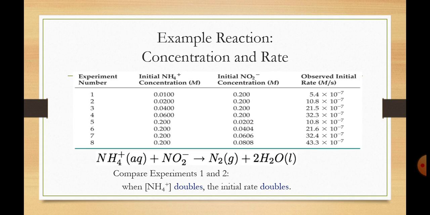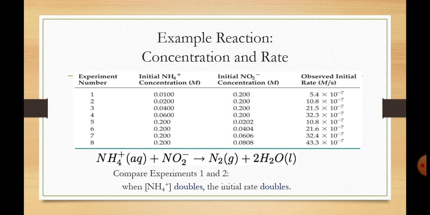So let me explain an example related to concentration and rate, and from it we will find the relationship between rate and concentration by calculations. We have the experiment numbers and the concentration of NH4 as well as the concentration of NO2.